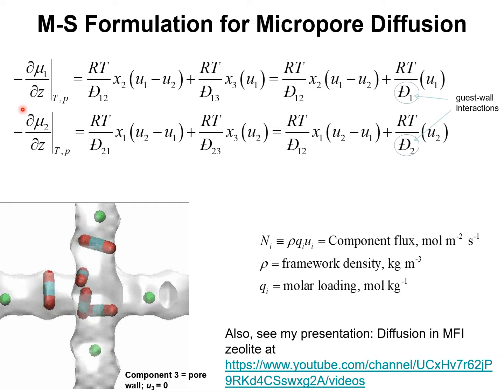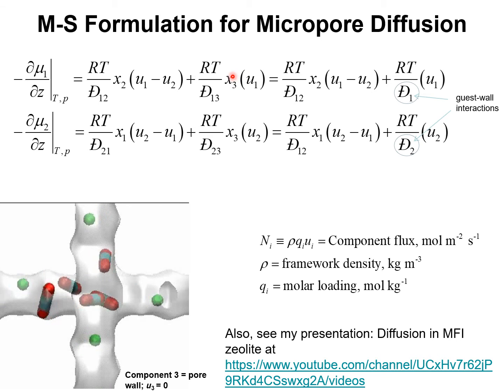Similarly, the force acting on species 2 is balanced by 2-1 friction and 2-3 friction. X1 and X2 are the mole fractions of the guest molecules in the adsorbed phase within the micropores.